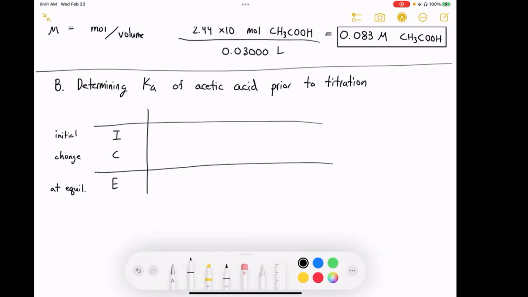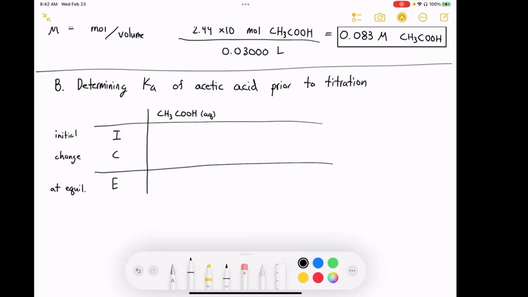Okay, so first we have our generic equation HA, but in this case it's going to be CH3COOH. We're actually just talking about the Ka before titration. So if acetic acid was in water, how acidic would it be? So we're going to react it with water.